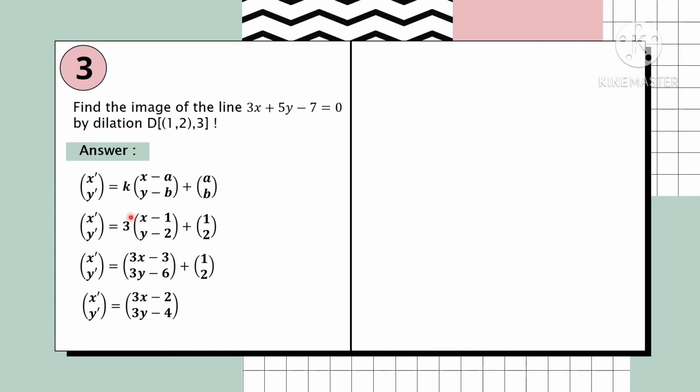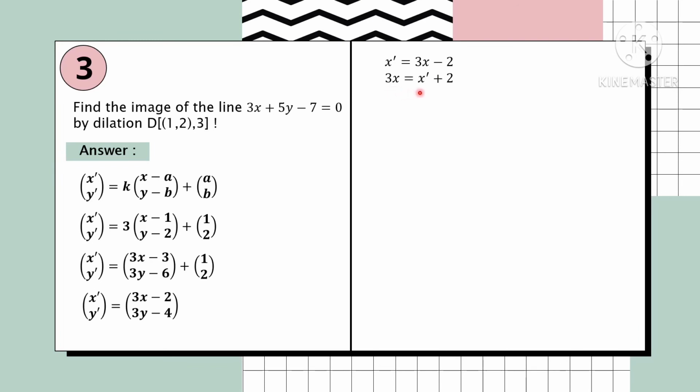Then we substitute the k value with 3, a with 1 and b with 2, and do the distribution and addition until we find the matrix form x prime, y prime is equal to 3x minus 2, 3y minus 4. From this, we can create the linear form such as x prime is equal to 3x minus 2.